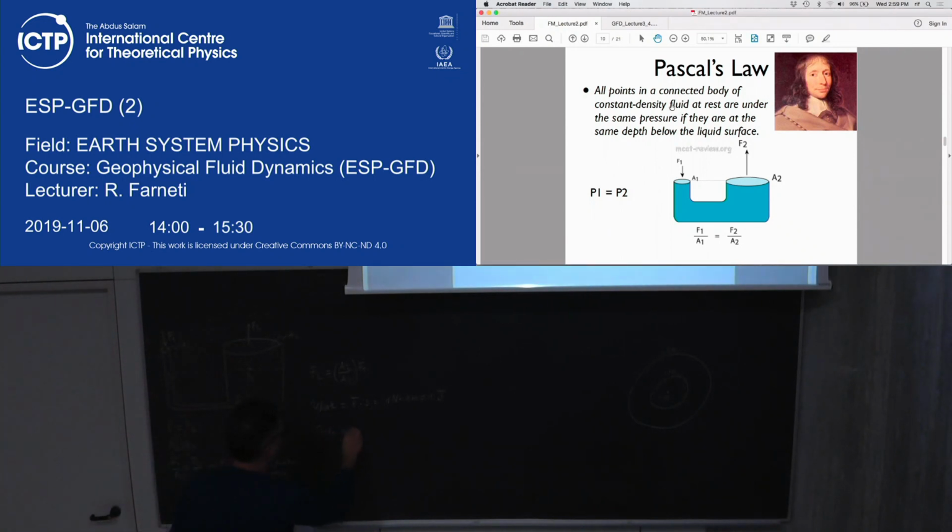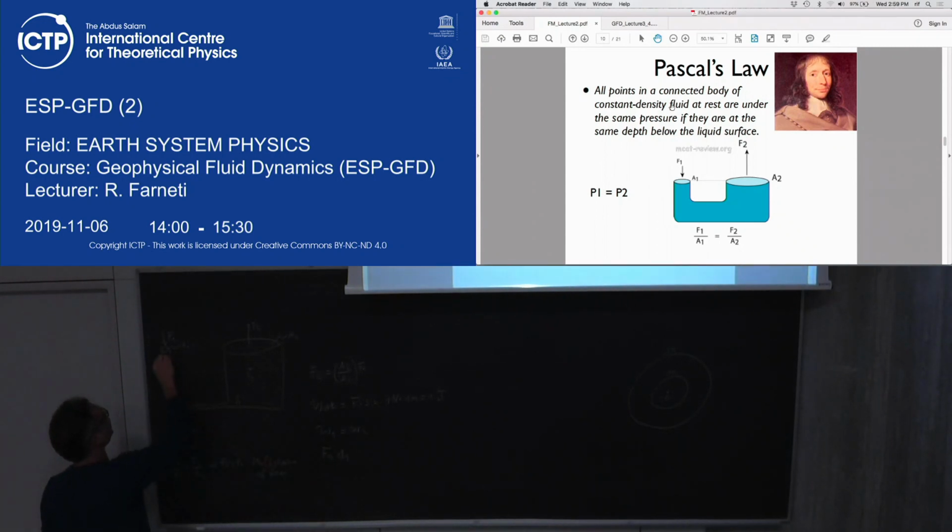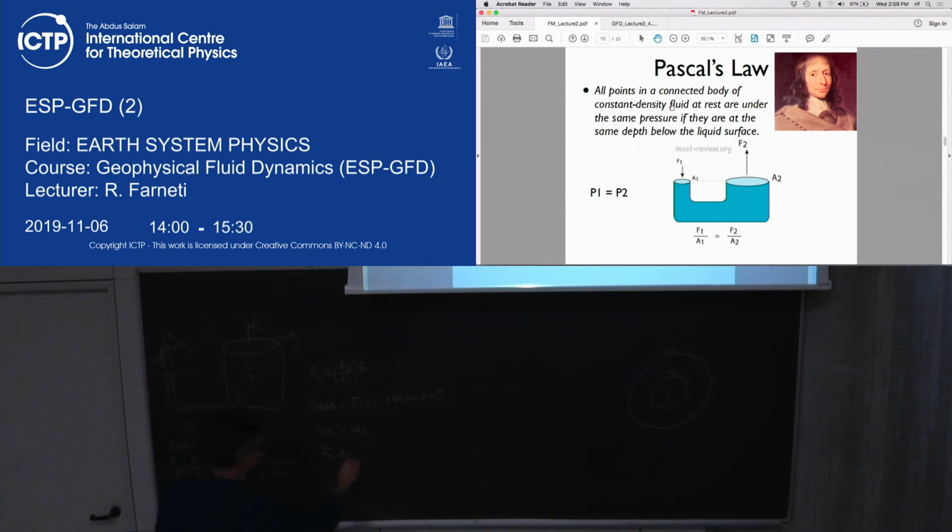So work 1 has to be equal to work 2. This means that F1 D1, and D1 is, for example, this, will have to be equal to F2 D2, and D2 is, for example, this.